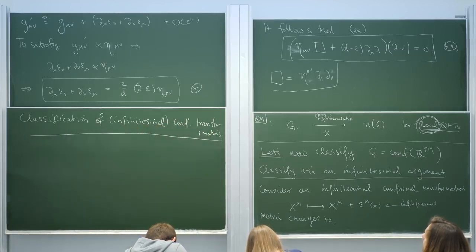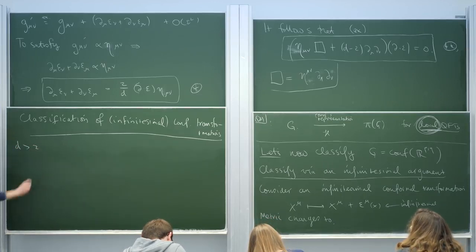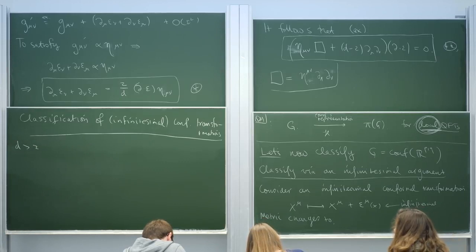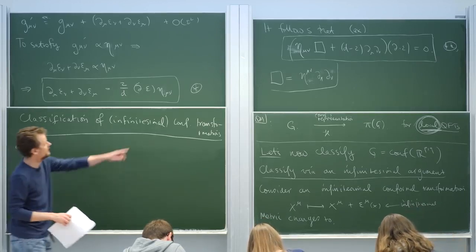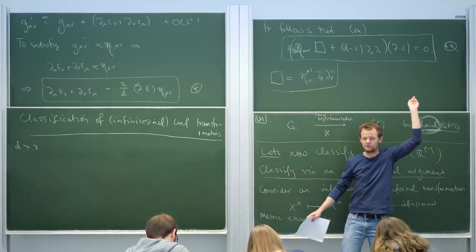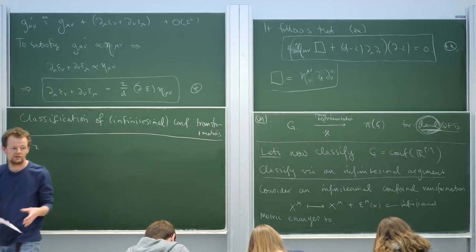So let's use star and star star to classify all possible epsilons that could occur. Now we have to break our classification into dimensions because, as you can observe, d equals 2 is somehow special, right? When d is 2 up there, star star in particular simplifies dramatically. And in fact, it's less constraining, as we'll see.